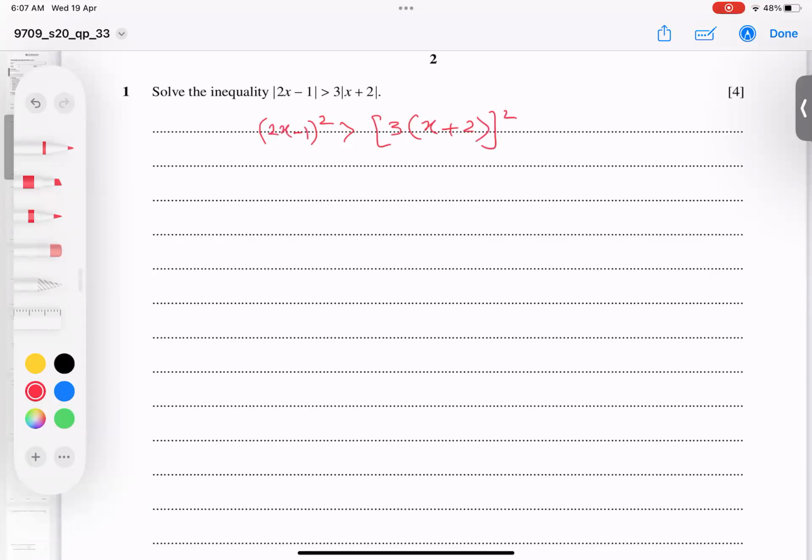After this, I can write either the squaring identity or write the two-term multiplication: first term square, minus 2 into first term into second term, plus second term square. And the square of 3 gives you 9.